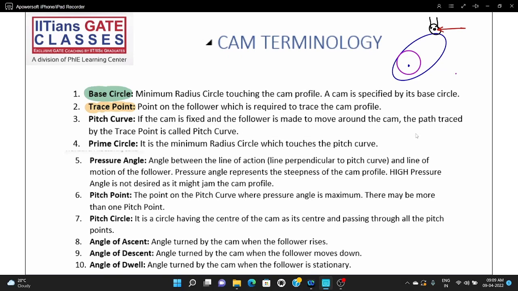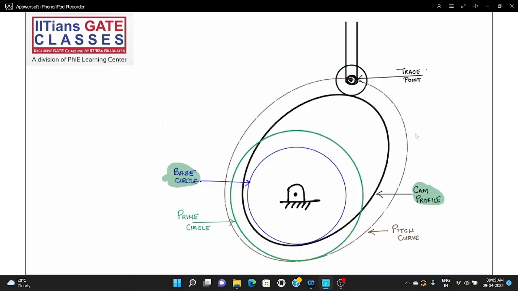Because the steepness, the slope, ascent, descent, everything will be traced by this point. So this point is nothing else but the trace point.